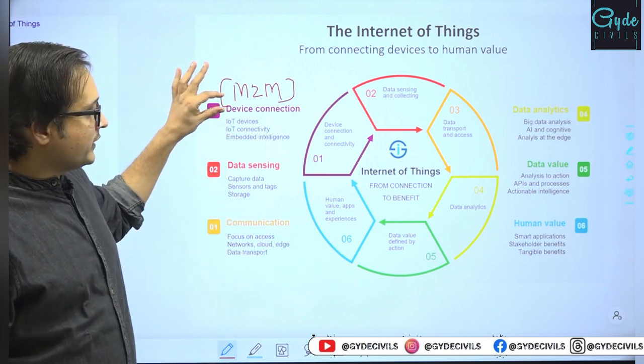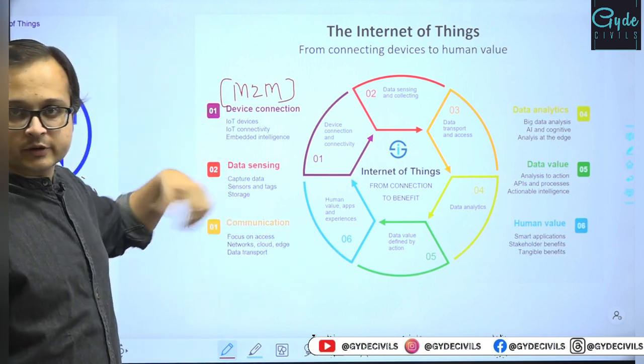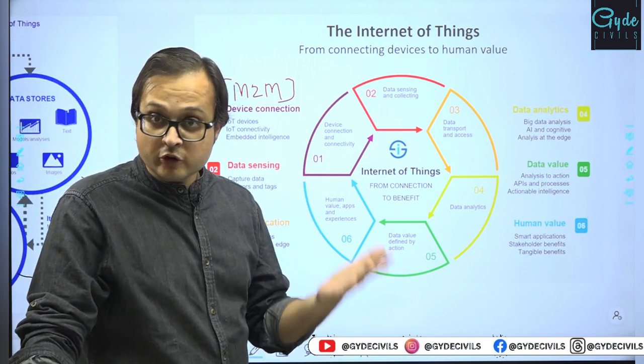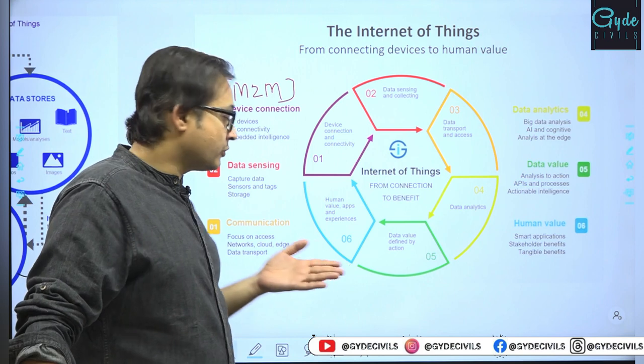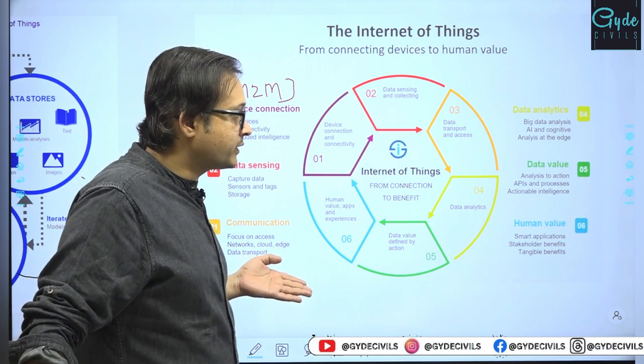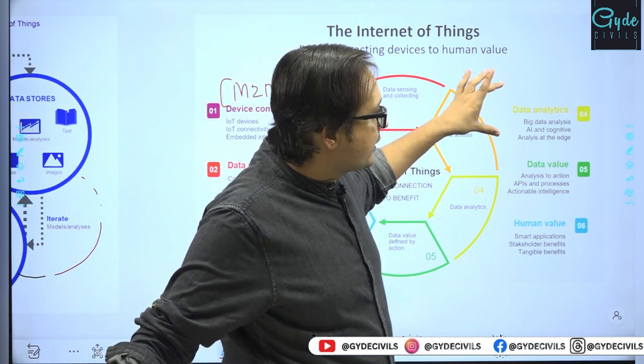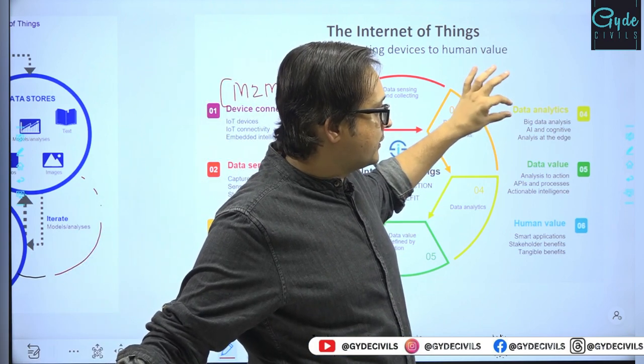So device connection, sensing, communication, communicate to a particular server. That server may be based on a cloud also. So over here, cloud-based processes can be created. On the cloud, we can generate data analytics, that is big data analysis.